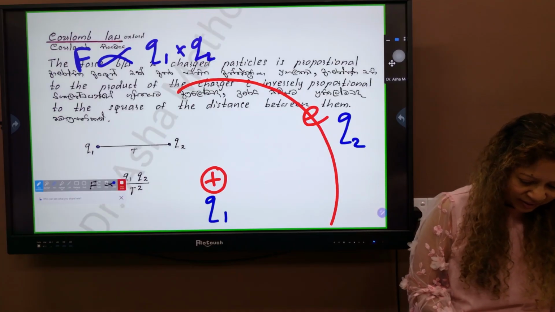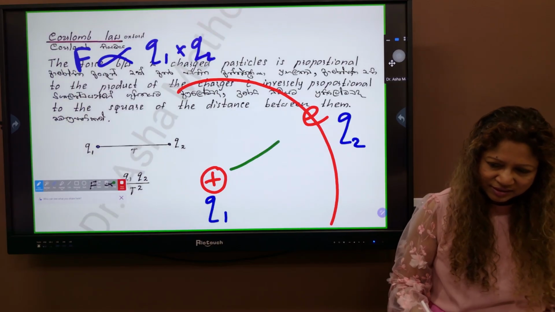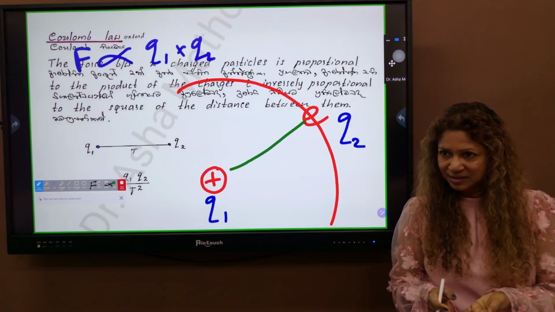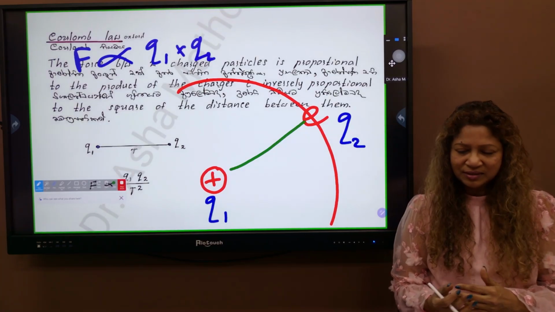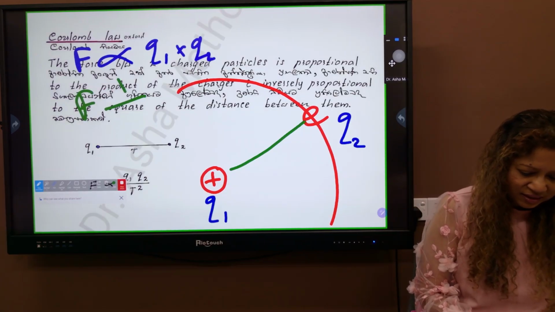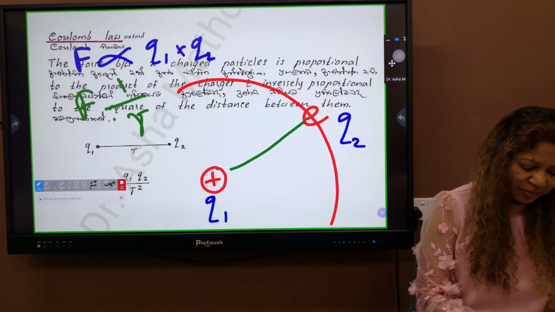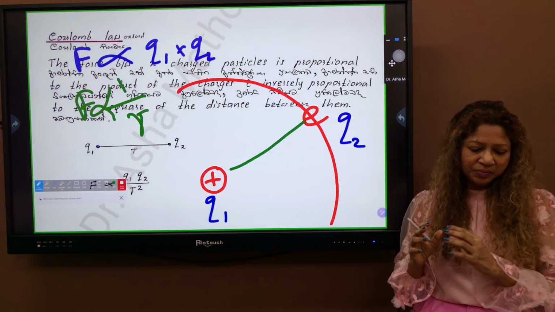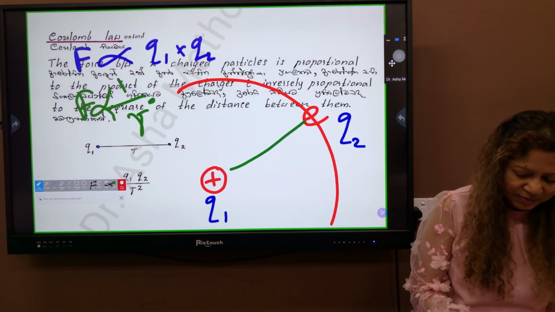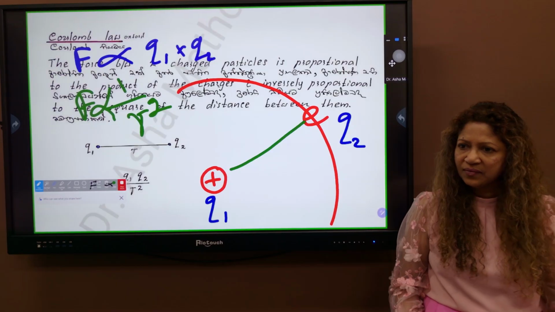What about the radius? Is the radius supposed to be less or high? Radius supposed to be less. So that is opposite, an inverse relationship. So the force is inversely proportional to radius, but to get a proper connection, you have to multiply by the same radius, that means a square value.